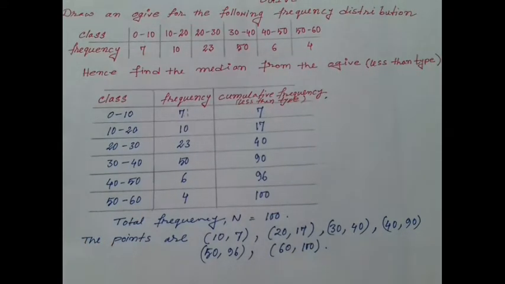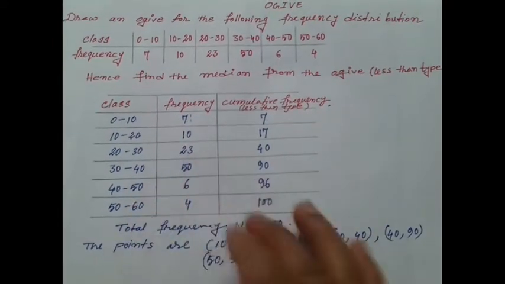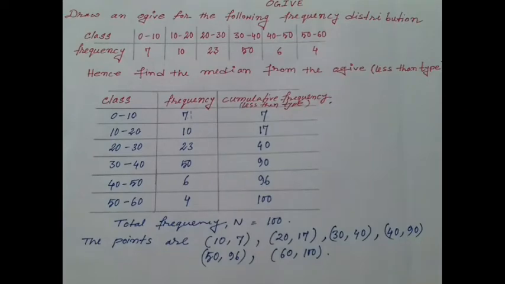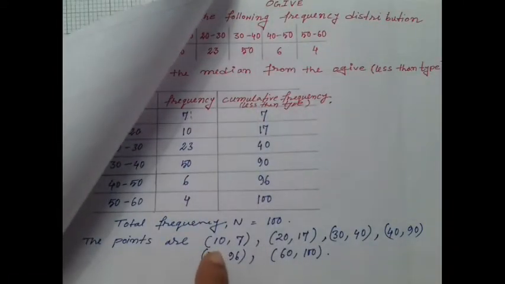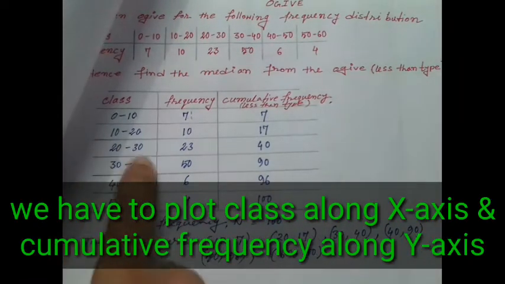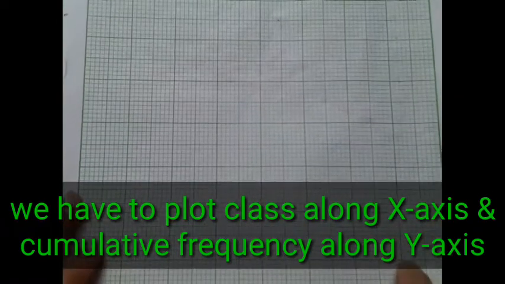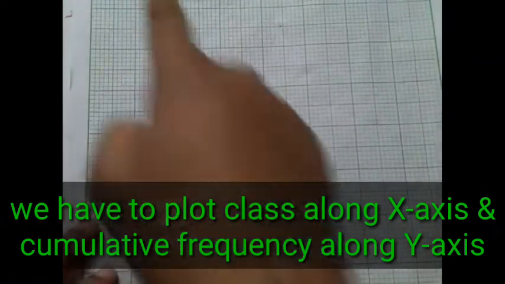Now to plot these points we need graph paper. I have one graph paper here. We will plot class along the x-axis, and cumulative frequency along the y-axis.